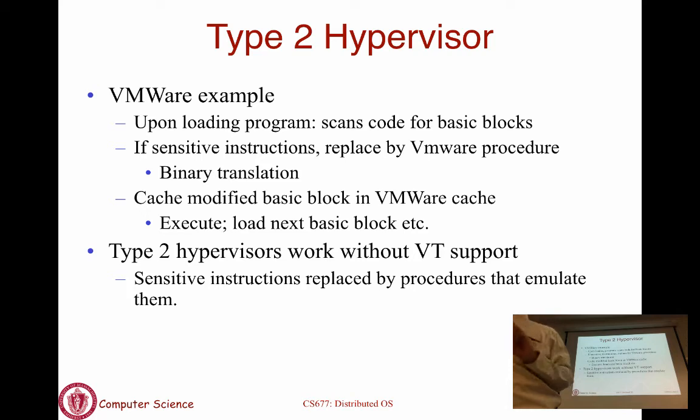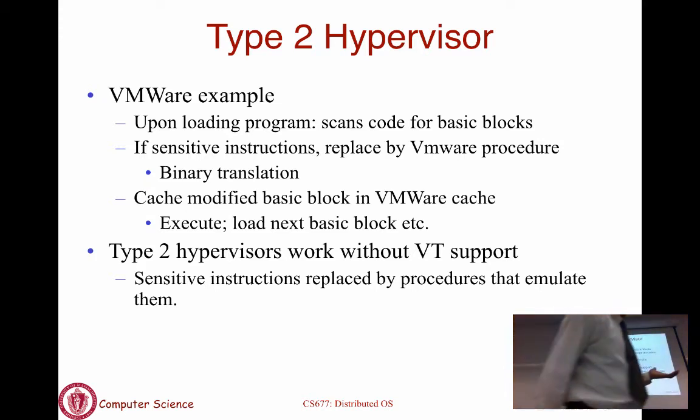Is that clear what I said? The other important thing that goes with it is you no longer have a need for sensitive instructions to cause traps. Because I said in type 1 hypervisors, the sensitive instructions need to cause a trap. That's a hardware feature you are depending on.